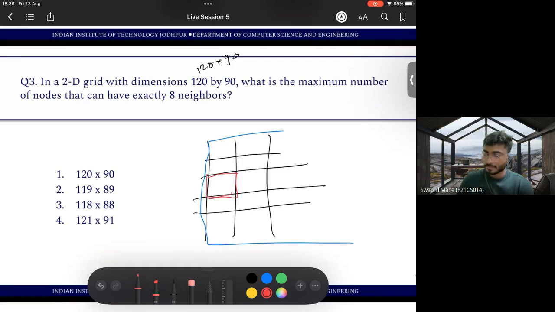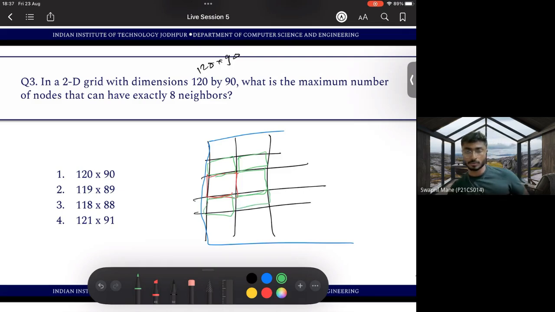Let's see how many neighbors this red node has. One, two, three, four, and five. Only five neighboring nodes are possible for the boundary nodes. So it does not satisfy the given condition of exactly eight neighbors.